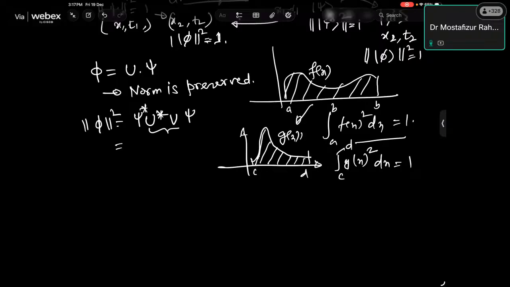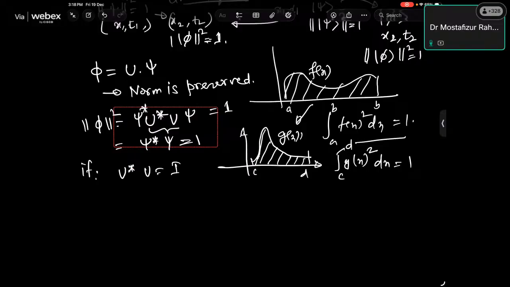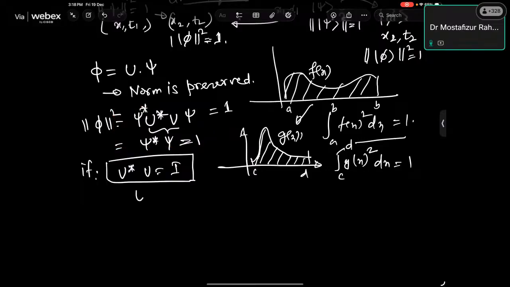I am assuming the transformation is done by some matrix U, but the condition is that it equals 1 if it is psi star psi, because psi star psi was my initial state, which equals 1. This happens if and only if u star u equals the identity, which is a matrix with this particular property. Also u star equals u inverse, they are equivalent. And these types of matrices are called unitary matrices, right?